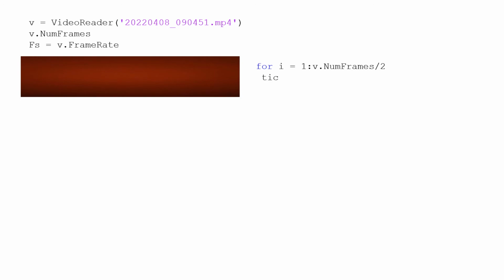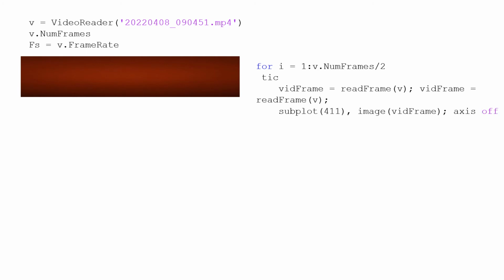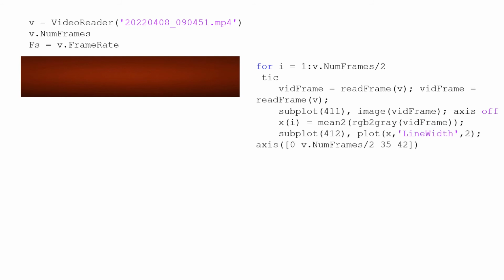I'm going to be concerned about the time that I'm going to require to read the frames and process them. I'm going to read 2 frames as before to reduce the sampling rate from 30 frames per second to 15 frames per second. I'm going to show each of the frames as an image. I'm also going to compute the average value of the pixels in that frame, and I'm going to store them in a variable x. I'm going to also plot that variable x, as you can see in those commands in MATLAB.